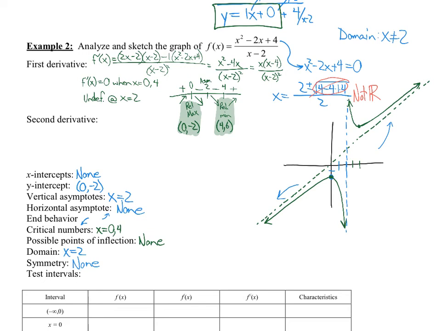Let's actually do this. If I did the second derivative, f double prime, the derivative of the numerator in this first derivative, I'm going to use this version right here, would be 2x minus 4 times an x minus 2 quantity squared, minus the x squared minus 4x times the derivative of x minus 2 squared.